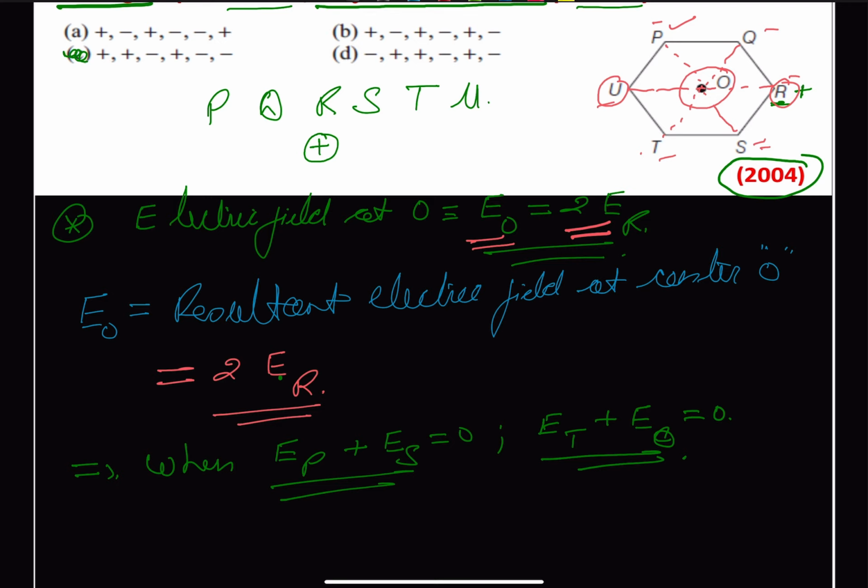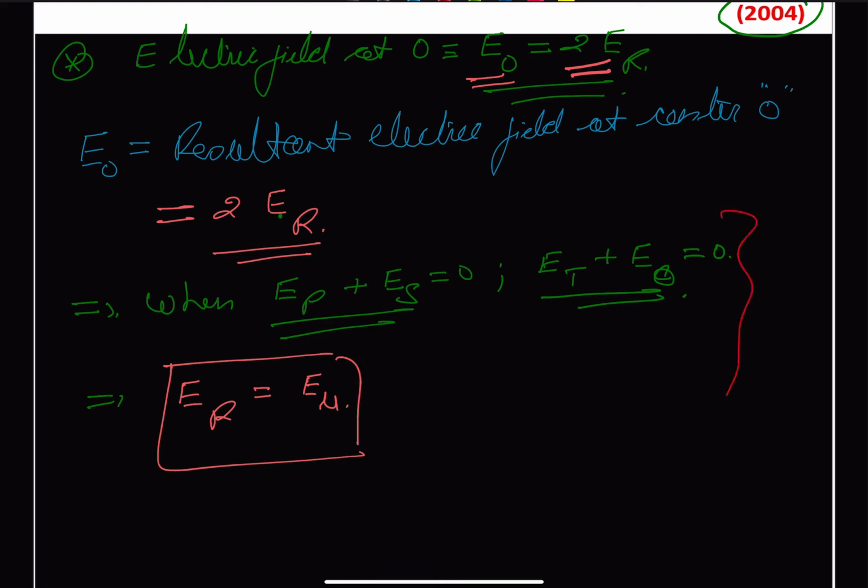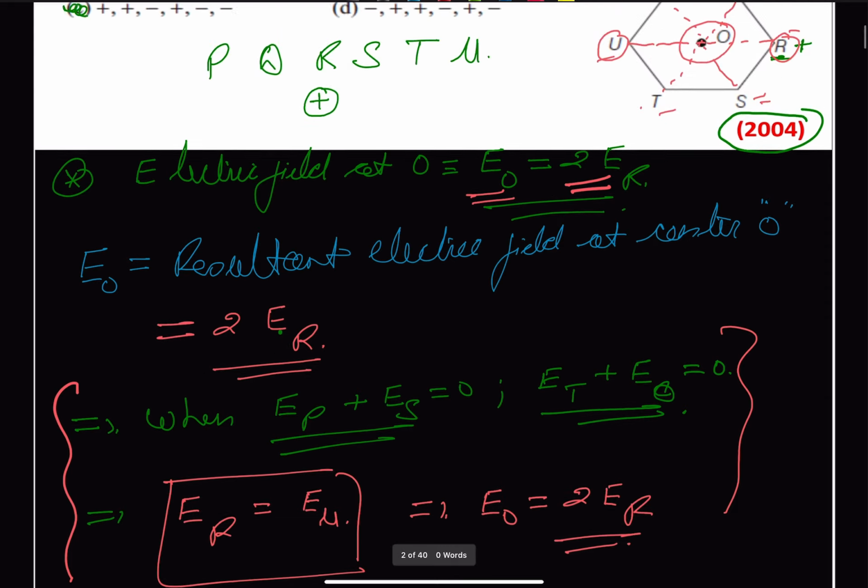And this is only possible if we have that our electric field at R is equal to electric field at U. So under these conditions, we are going to get that our electric field at center O will be equal to 2 times ER.